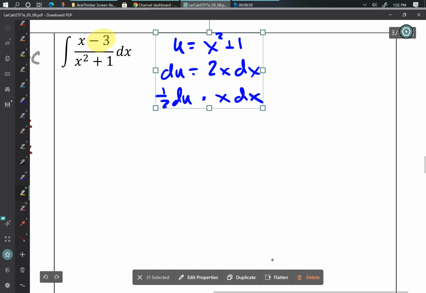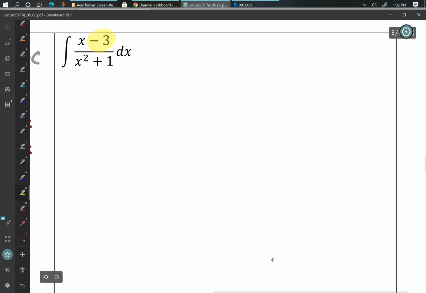Okay. Well, I'm not sure what to do, because it doesn't look like arc-trig, because if this was arc-trig, then this would be the u squared plus a squared. This would be the arctangent one. But then this up here isn't just du, again, because of that stupid minus 3.